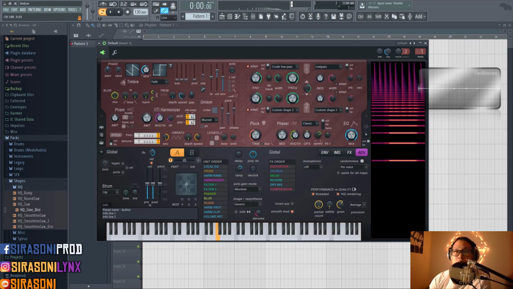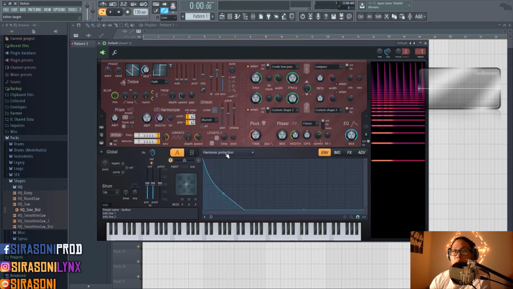All right, so harmonic clipping also has a thing right over here.